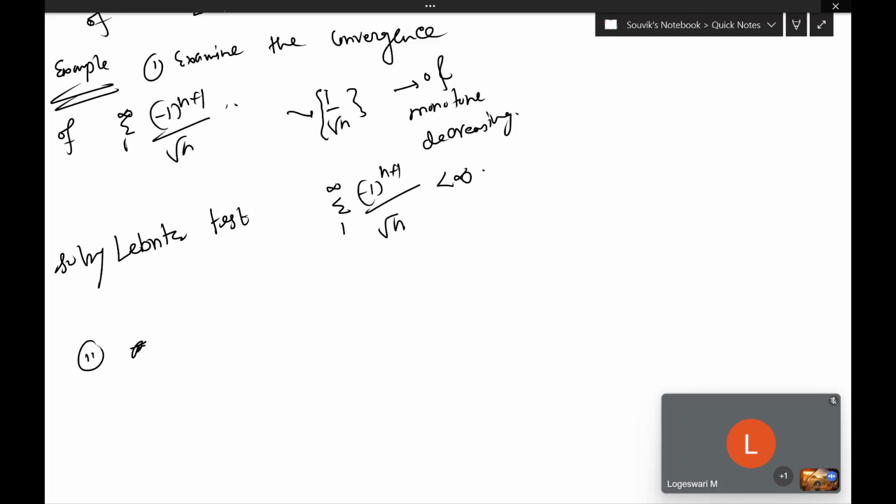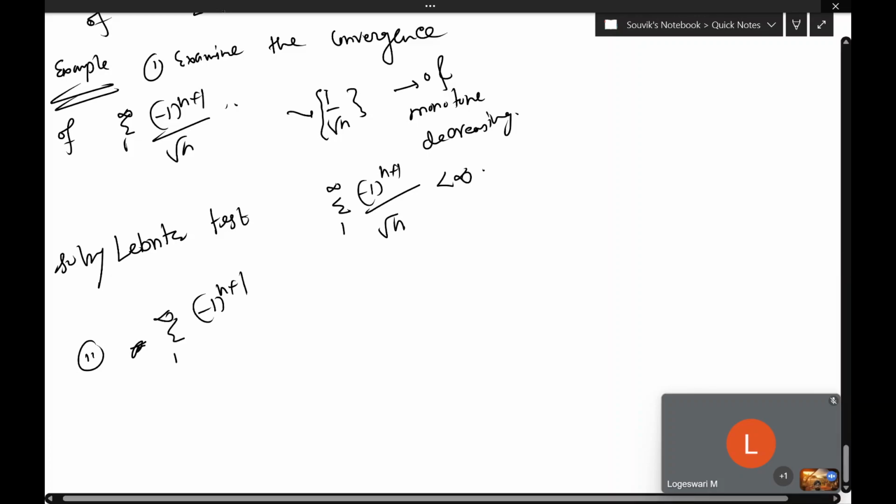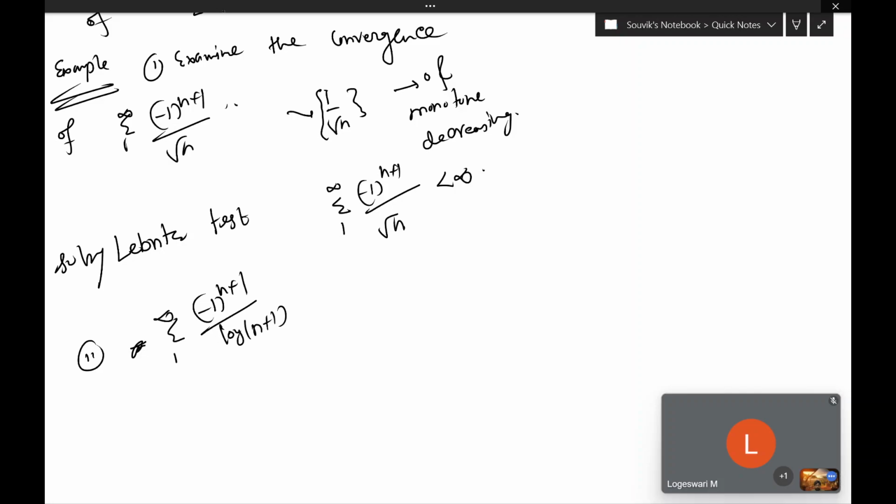Now consider this. Now examine the convergent series summation (-1)^(n+1) by log(n+1).